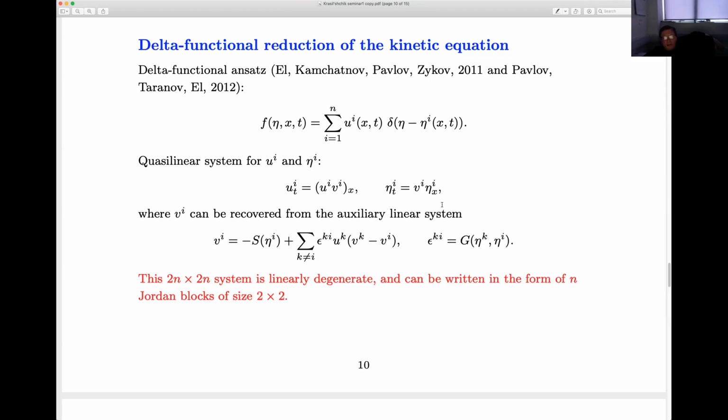But this form is inconvenient for me. What I want to show now is that this system can be reduced to n 2x2 Jordan blocks. It can be reduced to a block diagonal form where each block is like Chaplygin's 2x2 matrix, and this system will be linearly degenerate.